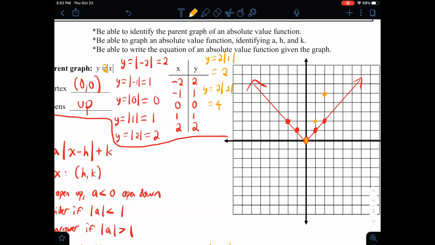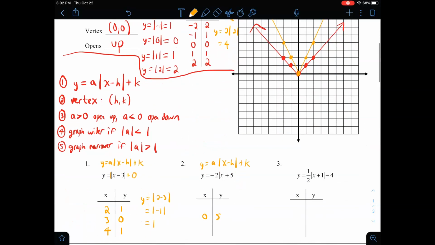You can see why it's going to make it skinnier, because it's going to make it more positive more quickly.